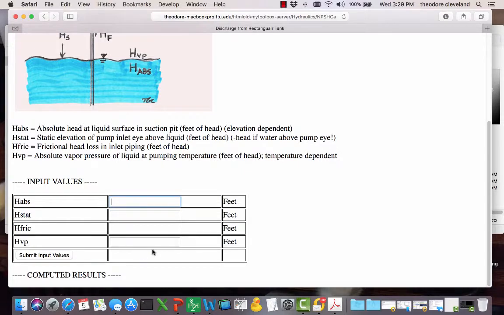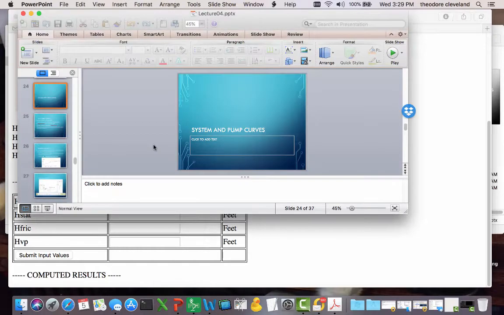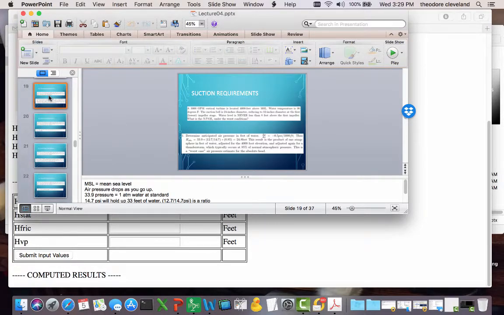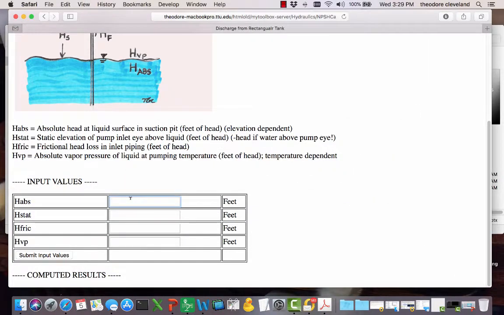Oh, we don't have the absolute water pressure. Actually, we do. Dr. Cleveland's going to cheat just a wee bit. 24.8 feet of head. Okay, so absolute 24.8.